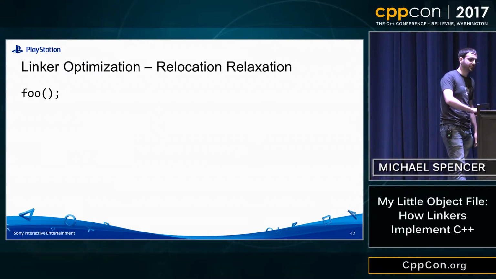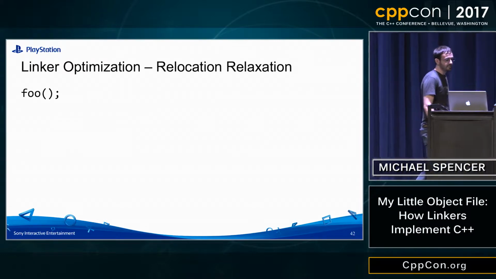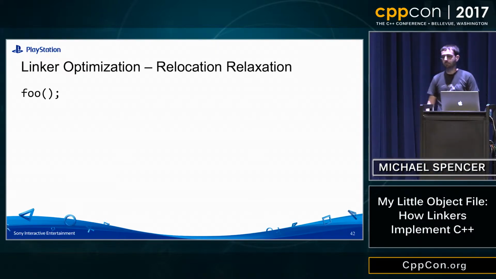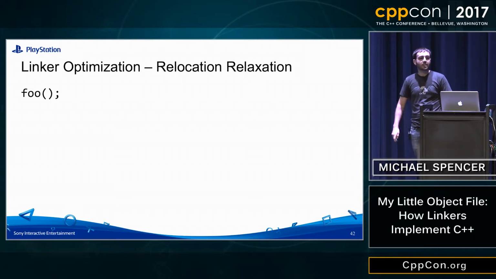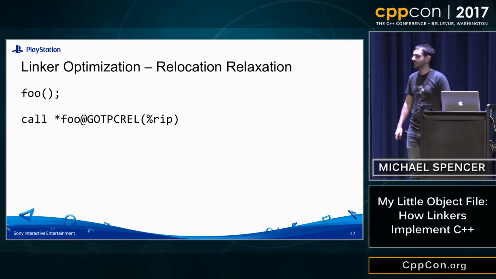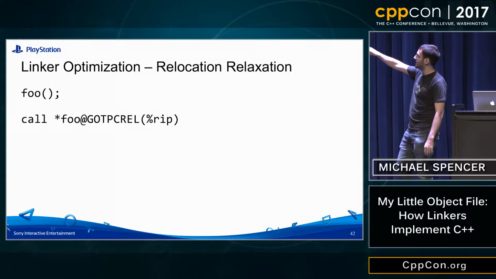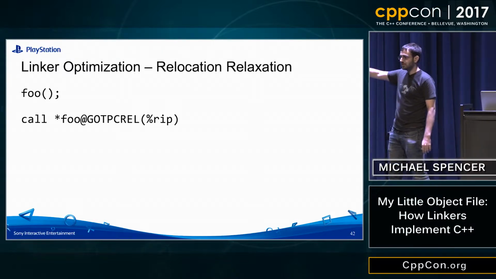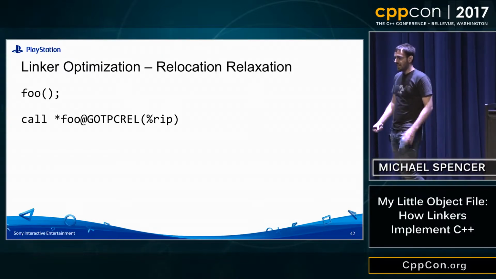So, relocation relaxation. When you write a call like this, and you're generating position-independent code, like you're going to write a shared object or a DLL, it's actually going to look like this. This is an indirect call through the global offset table, which I'll get to a bit later, but that's basically a table of addresses that'll get filled in later.